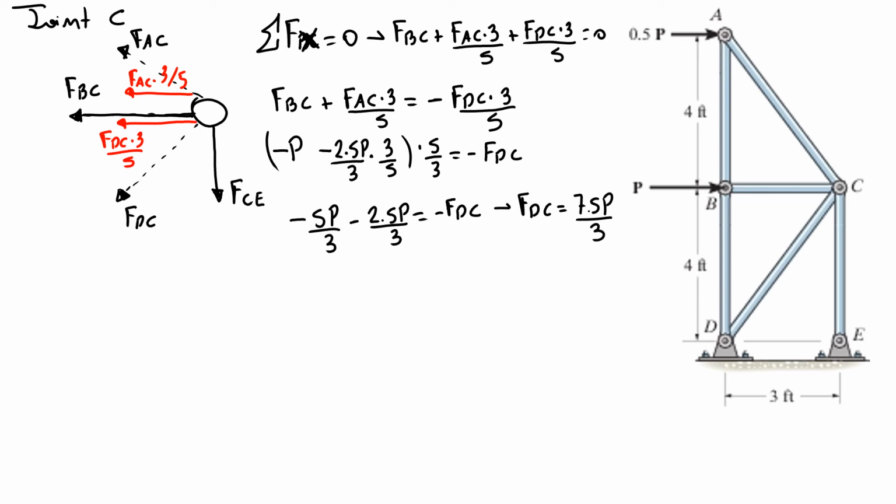So now I have the list of members. FAC is minus 2.5P over 3. FAB is equal to P over 3. FBC is equal to minus P. FBD is 2P over 3.